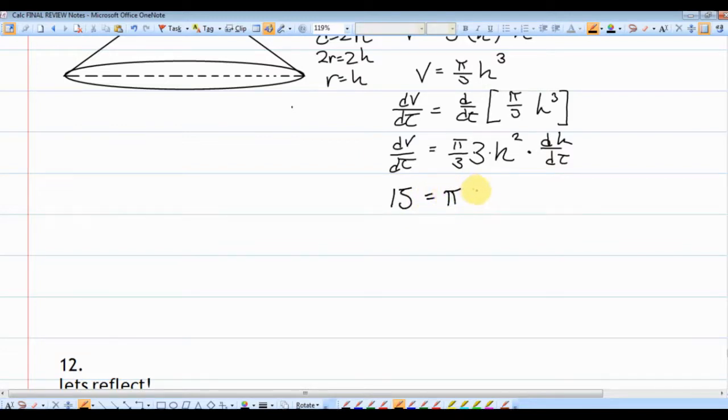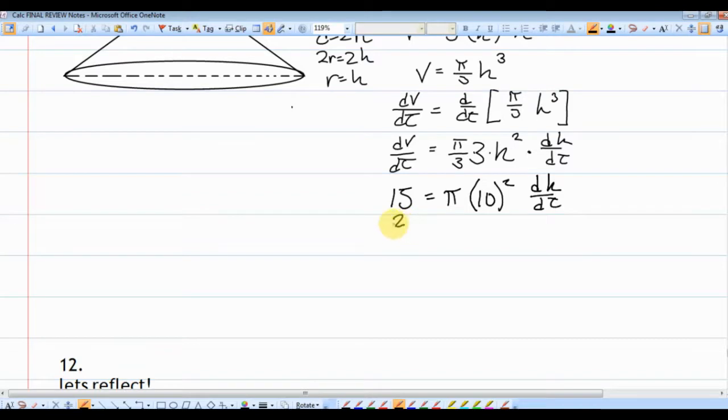Do I know what h is? 10. Good. 10 squared dh/dt. Let's see. 10 times 10, that's 2 squared times 5 squared. One of the 5s, so that's 2 squared times 5. 15, 3 times, so 3 over 2 times 2 times 5.